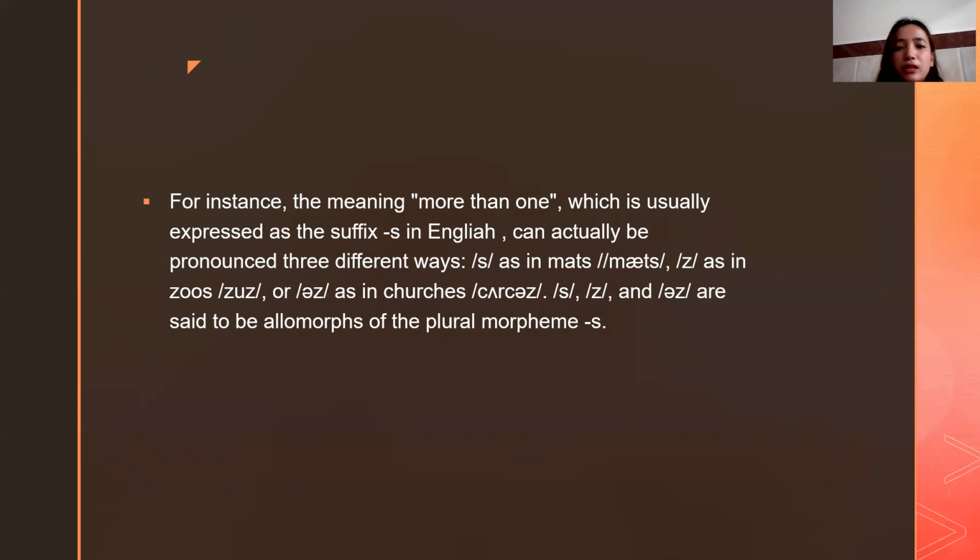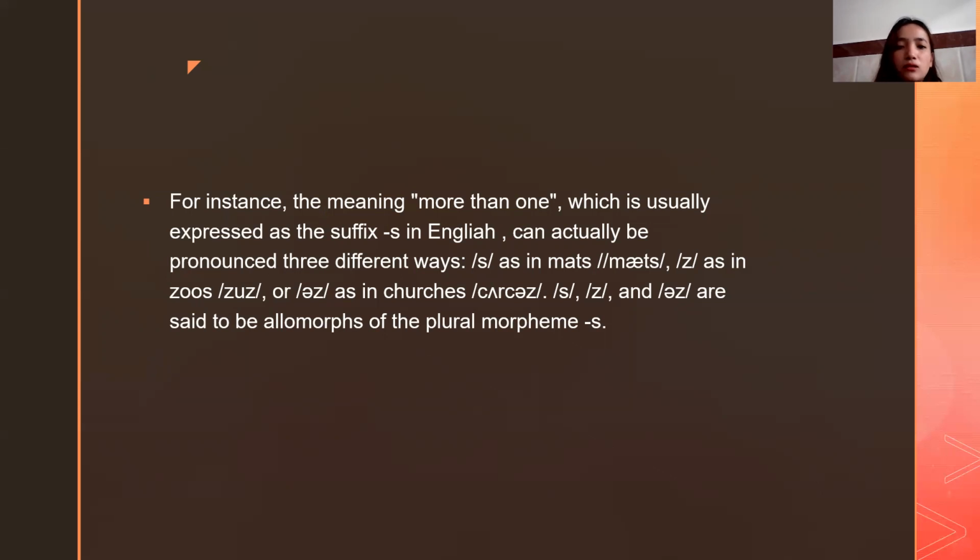For instance, the meaning more than one, which is usually expressed as the suffix s in English, can be pronounced three different ways, like s in math, z in Zeus, or es in churches. These are said to be allomorphs of the plural morpheme.